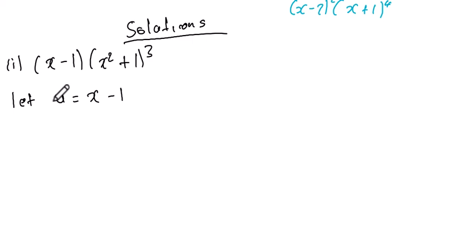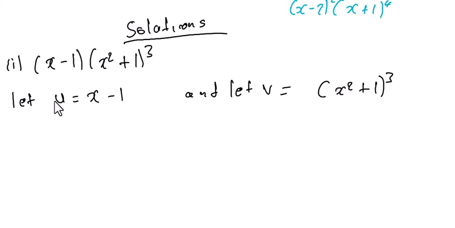Then our v function, we let v be equal to x squared plus 1, close the bracket, to the power 3. We're going to differentiate this with respect to x.